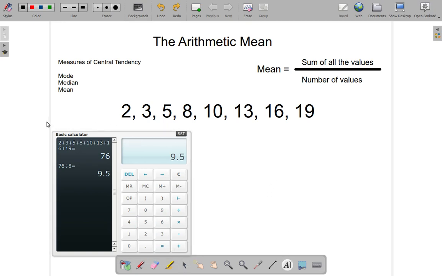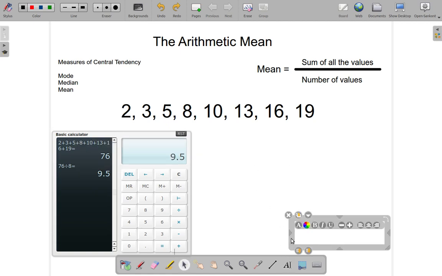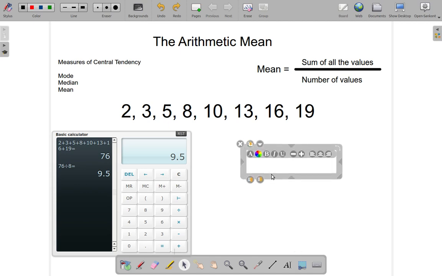Alright? So the mean of these values equals 9.5. Now you notice that you get a mean of 9.5, even though 9.5 is not there.